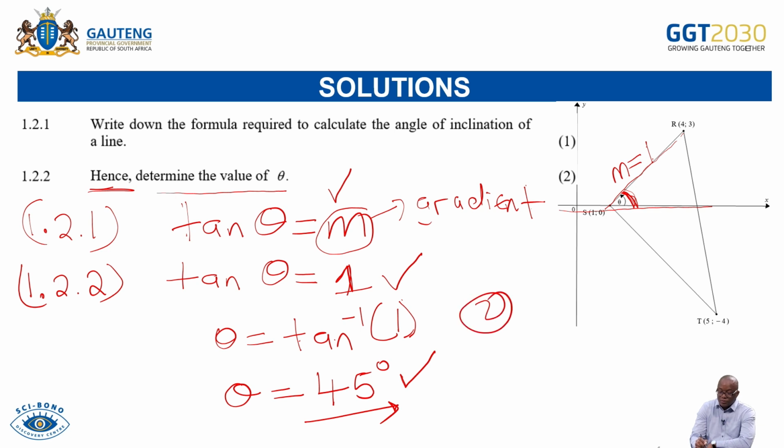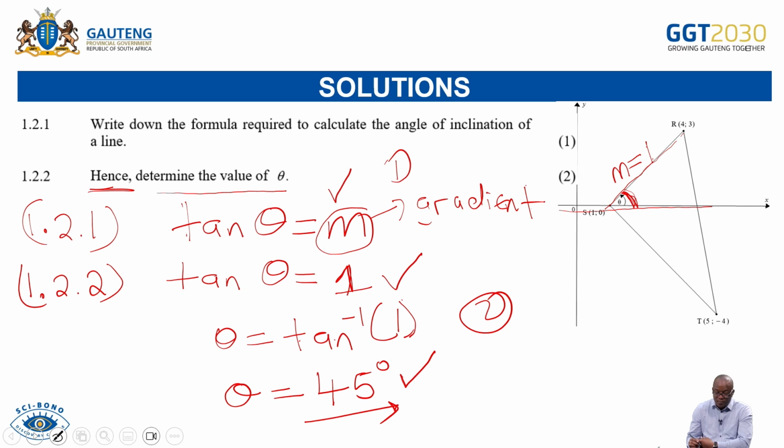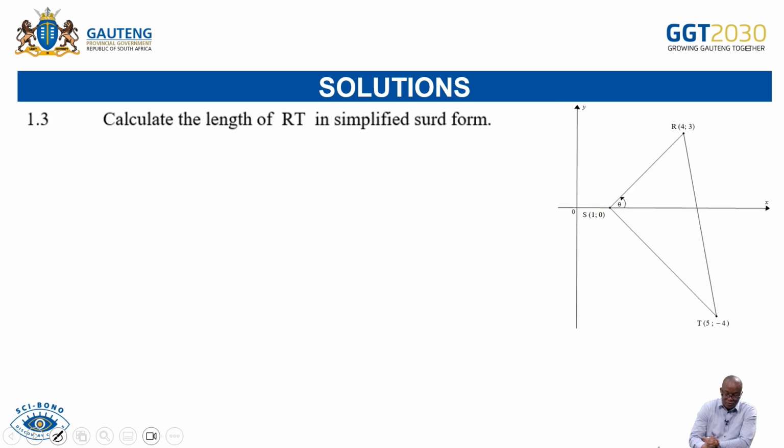So that's where you get your 2 marks for that question 1.2.2. Basically you can see that from 1.1, 2 marks, 1.2, 3 marks, already you have 5 out of 13. Then we move forward to our next question.